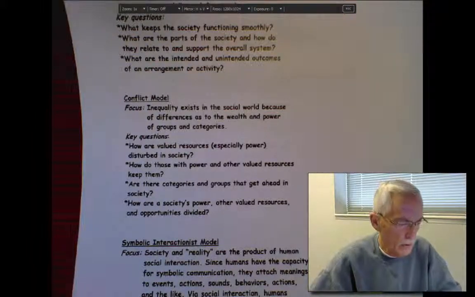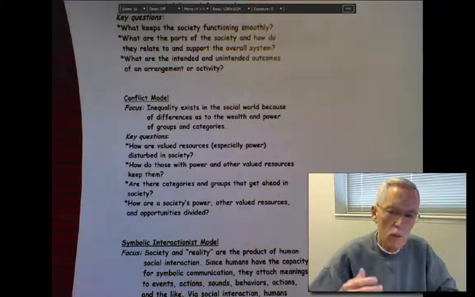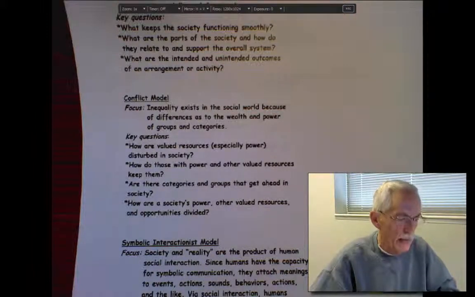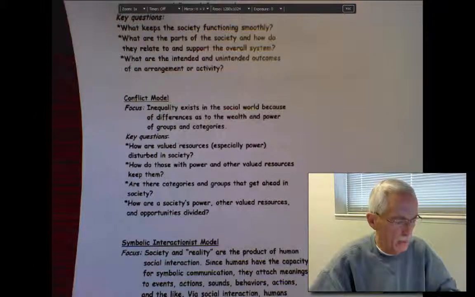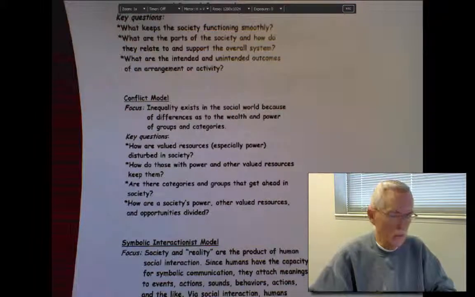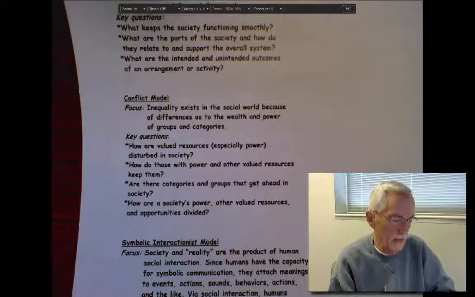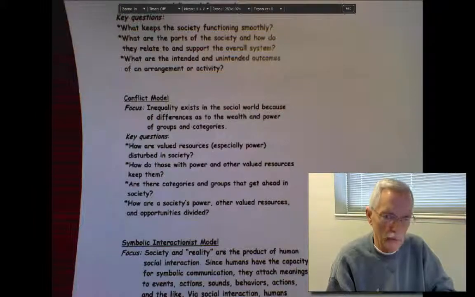Furthermore, the model argues that those who have access to these scarce but very valuable resources work to protect what they have at the expense of others, as well as trying to gain even more of these valued resources. So, a key focus of this model really is who or what benefits and who or what gets taken advantage of. To use an old phrase, gets ripped off.